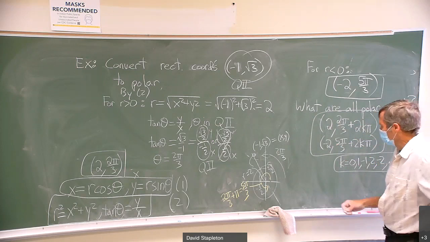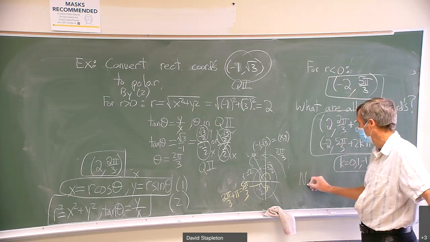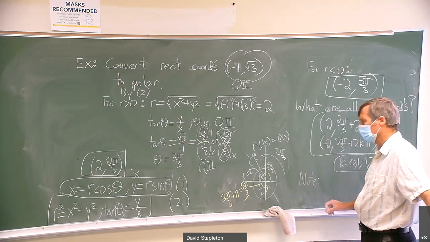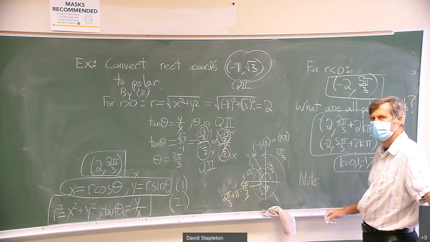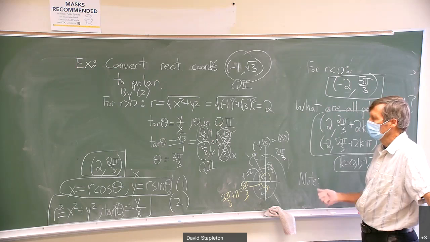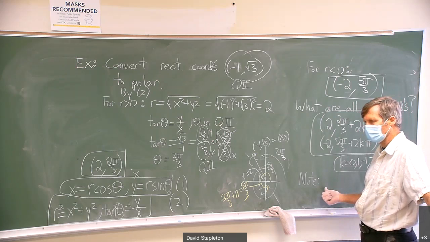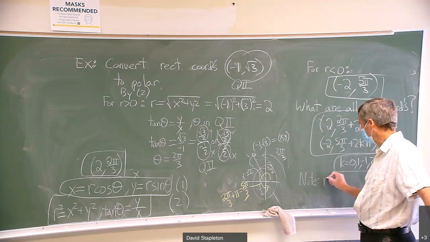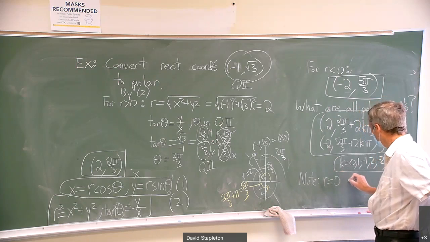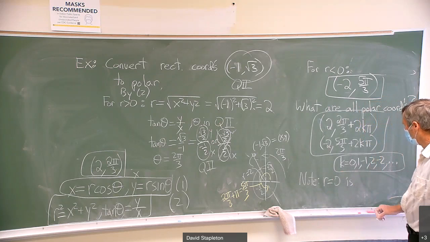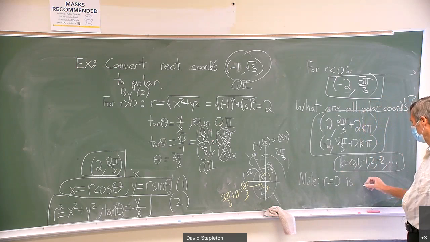I want to make one additional note. What points have r equals 0? r is the distance from the origin or minus the distance from the origin. So if r is 0, you're at the origin, right? r equals 0 is the point at the origin, but in polar coordinates, it's called the pole.